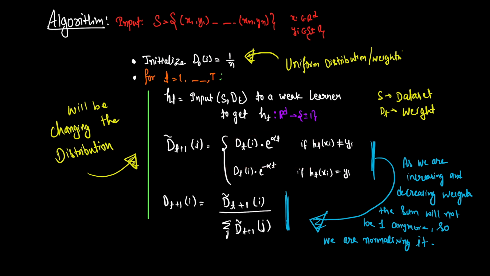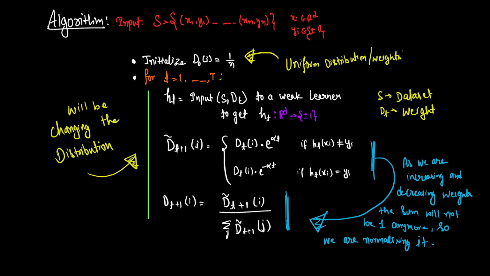We increased here and decreased there, the distribution or the probability, because weights are nothing but probabilities. As we change the weights, the sum will not be equal to 1 anymore. The probabilities will change, so it will not sum up to 1.